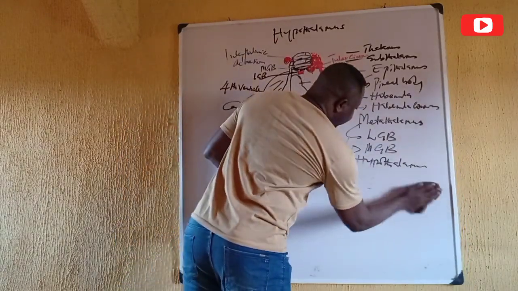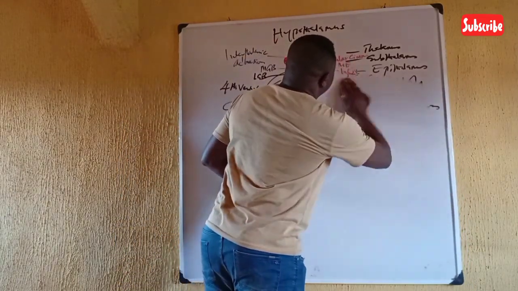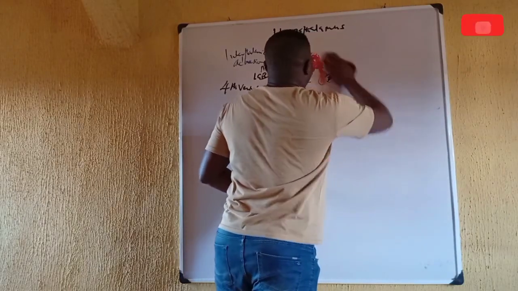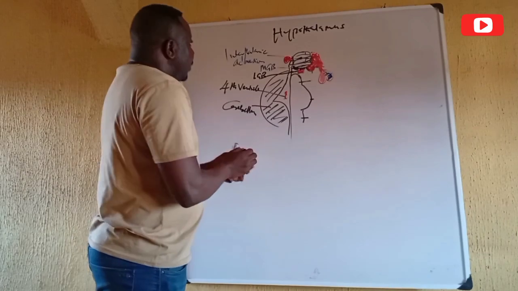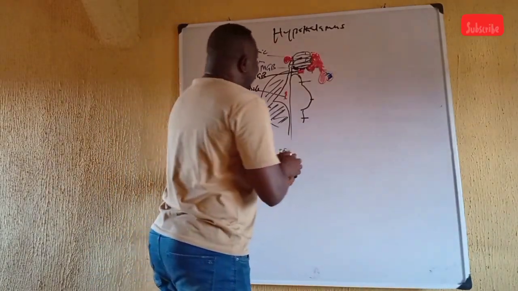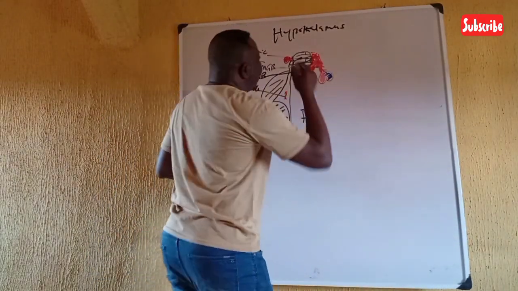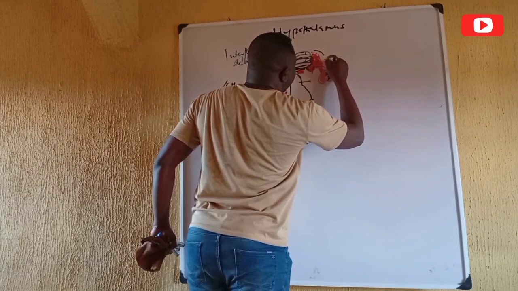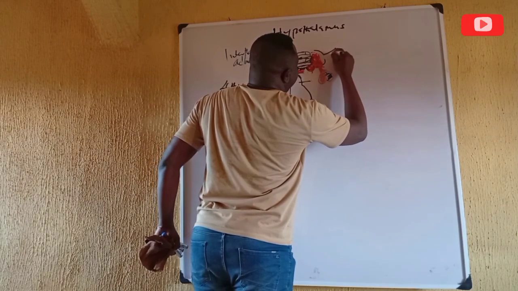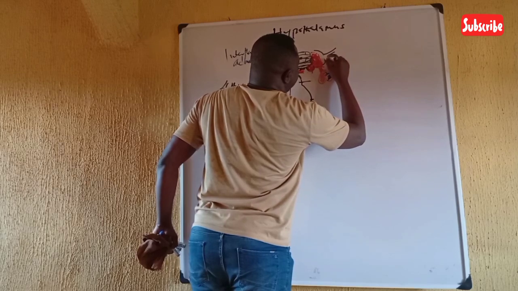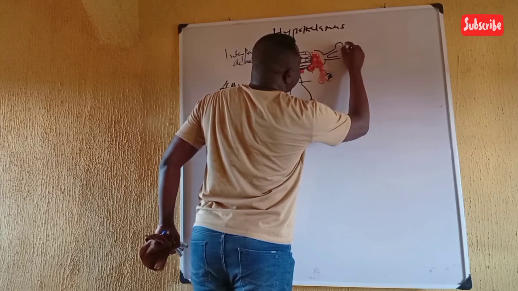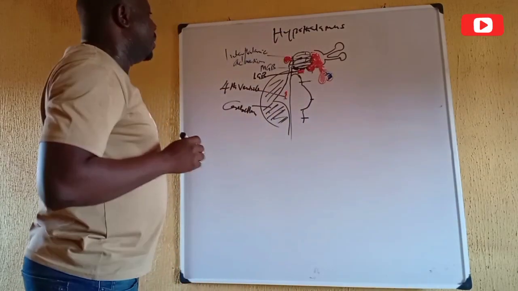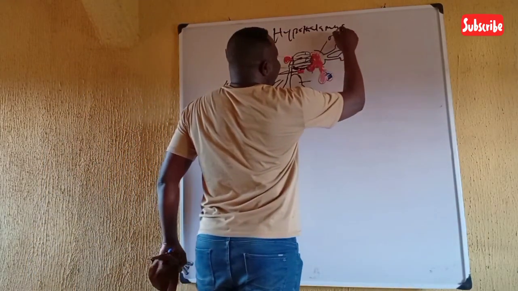Now, anteriorly, we have what is referred to as the optic chiasma, arising from the optic nerve. This is our optic chiasma.